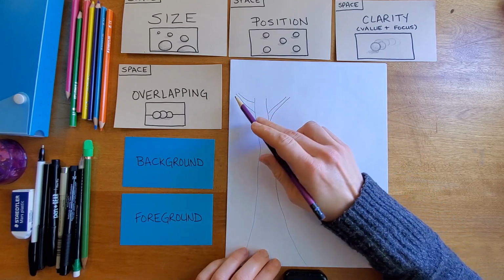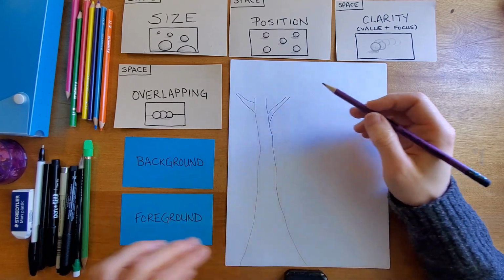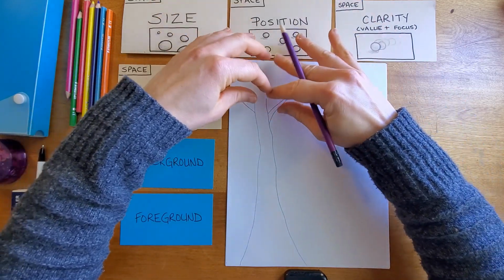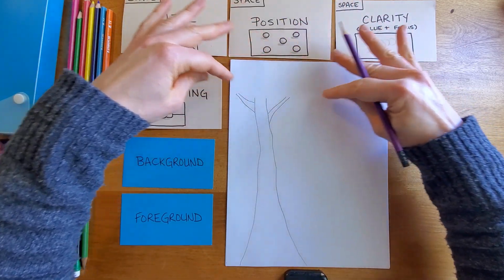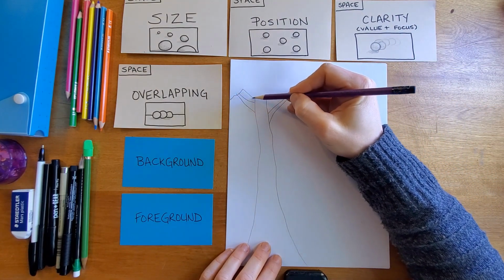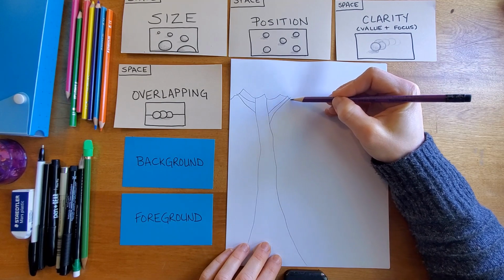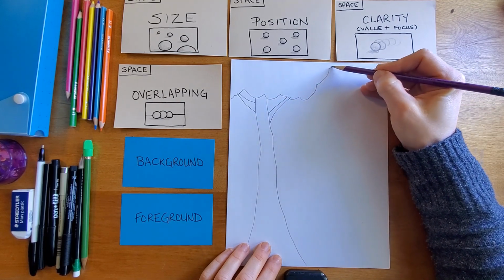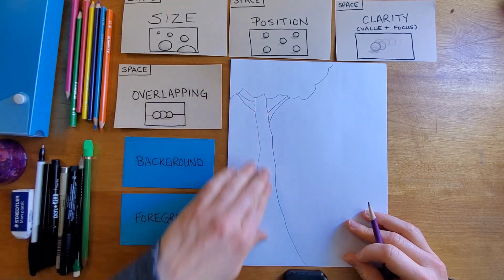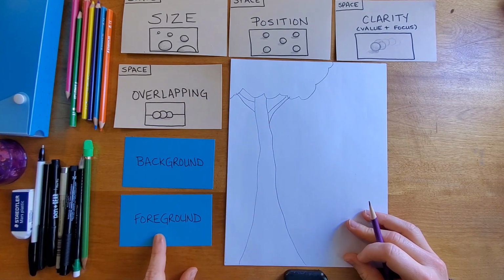But what I did was I stopped right here, because I'm going to draw the top, the canopy, the leaves of the tree at the very top. And I'm drawing it so that it goes off the paper. There. So this tree is in the front, part of our foreground.